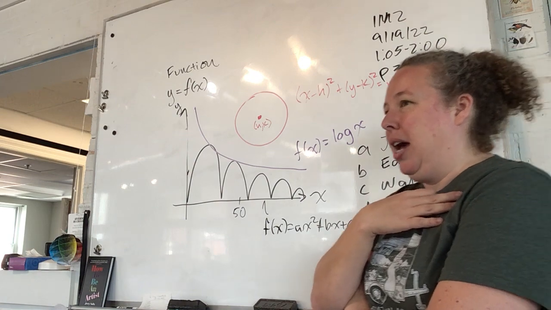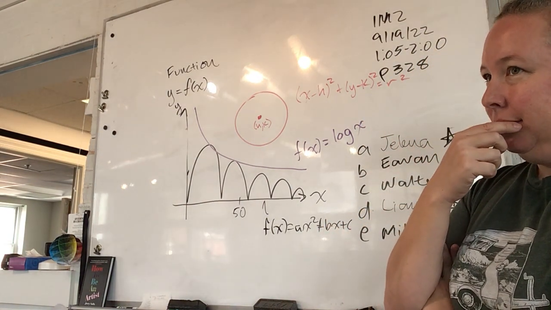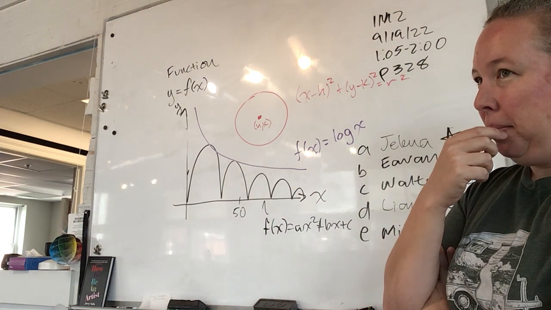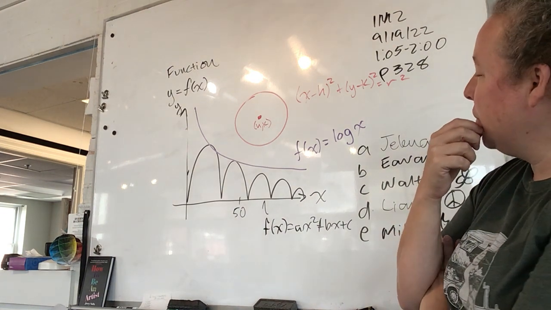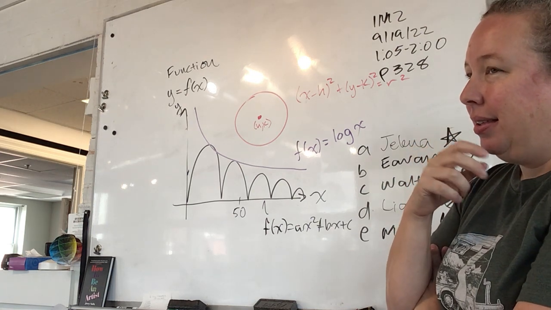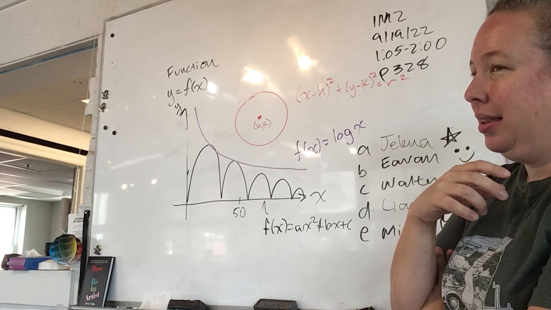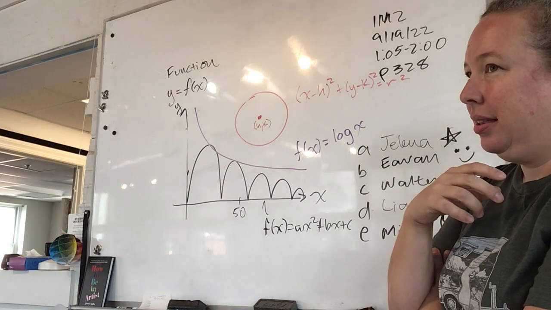Walter, what else did you want to add? The addition I have to Julina's thing is that the circle doesn't... say if the circle's here and there's an X over here or a Y down here, it doesn't involve a circle.